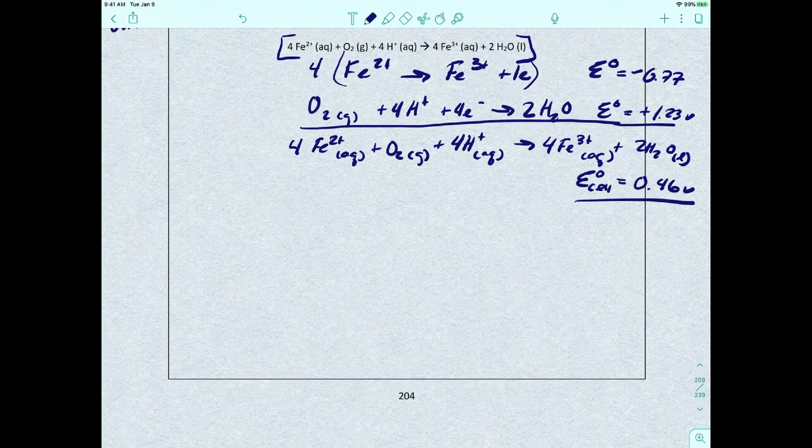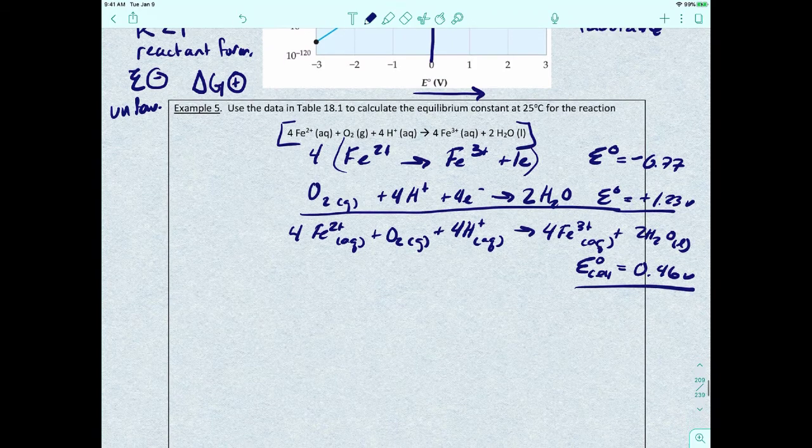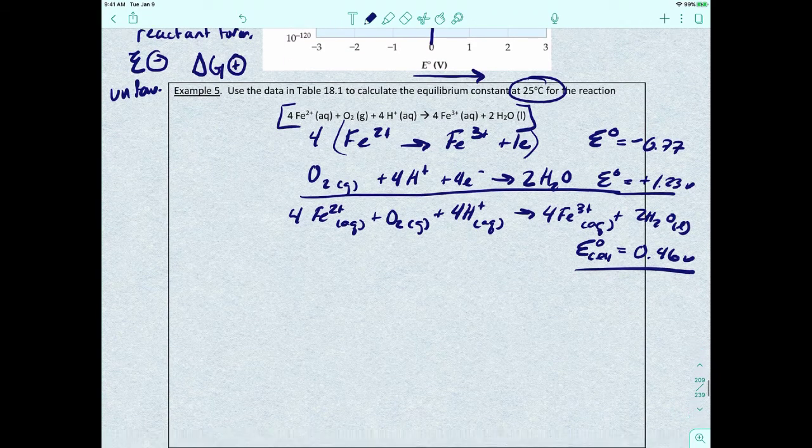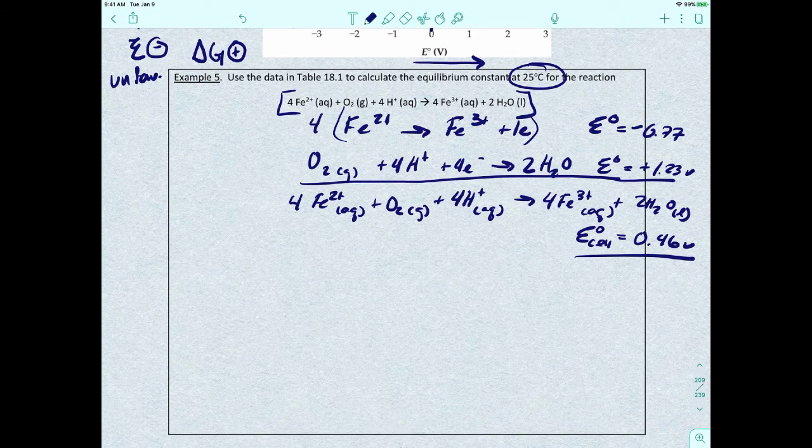All right. So now we're told that this reaction is occurring at 25 degrees Celsius. So that allows us to use the special form of the equation where E cell at standard state is equal to 0.0592 volts divided by N times the log of K. All right, so we know what E cell is.